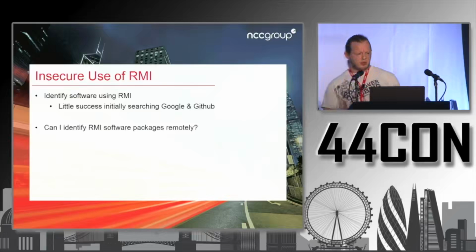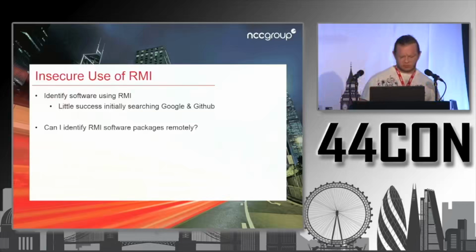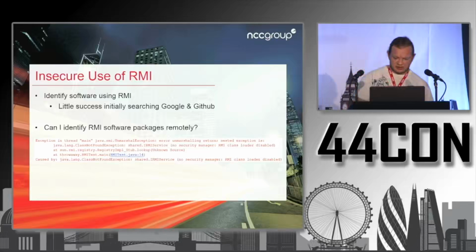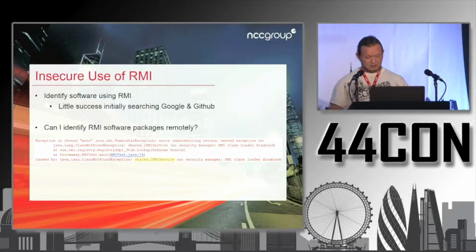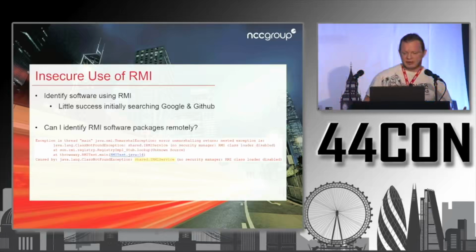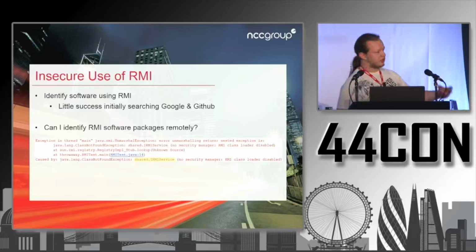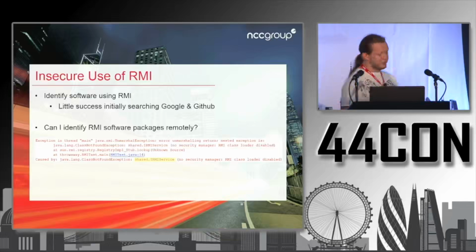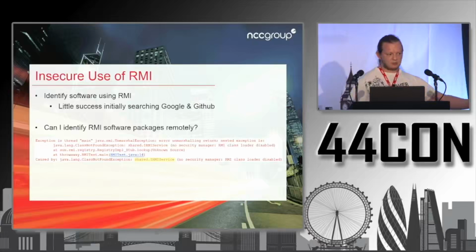Now, during one of my tests that I'd done whilst playing around with this kind of stuff, I'd got some exceptions back like this. And the key thing to note there is that the exception that had been fired as a result of me trying to look up a remote object was a class not found exception telling me the fully qualified class name of the remote object.